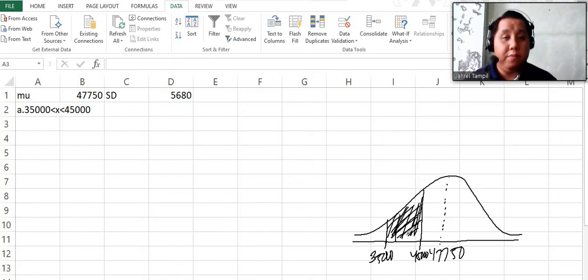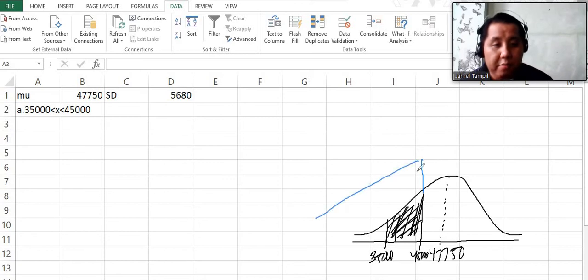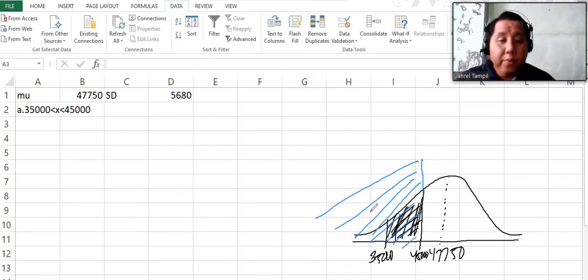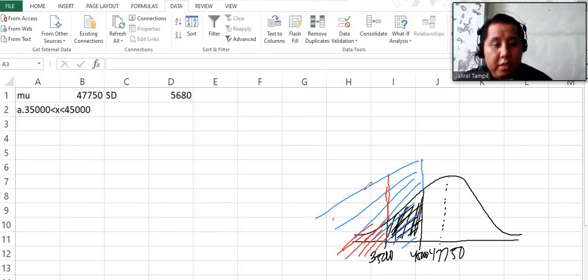However, like what we've told you a while ago, the probability that Excel would usually compute would be this. Let us change color first. It would only compute the probability from the left of 45,000, which I am now shading in blue, and then the probability of 35,000, which I am now shading in red.